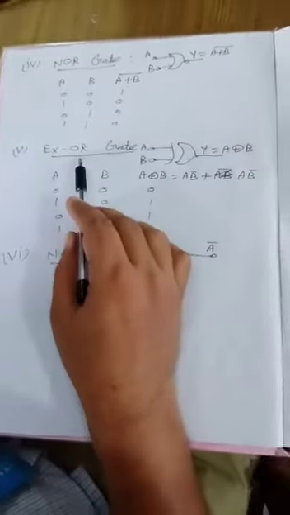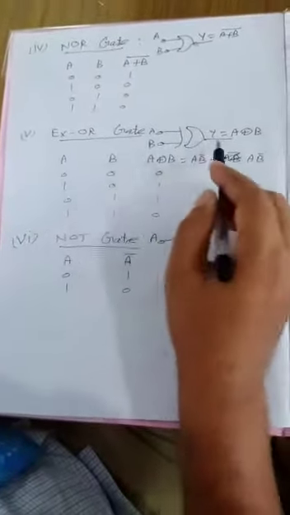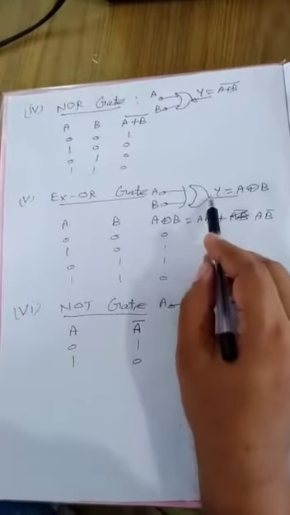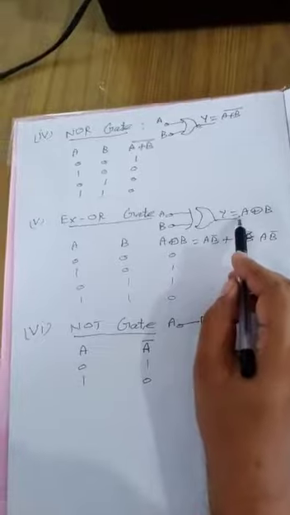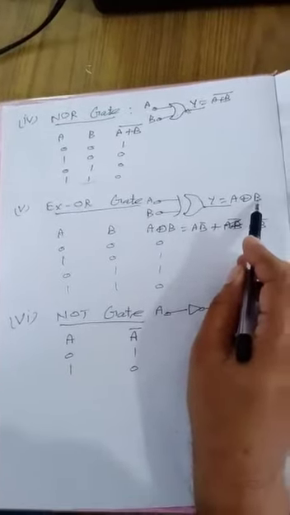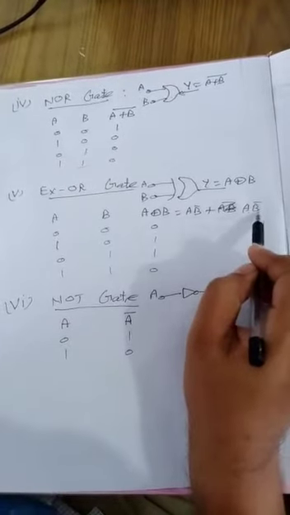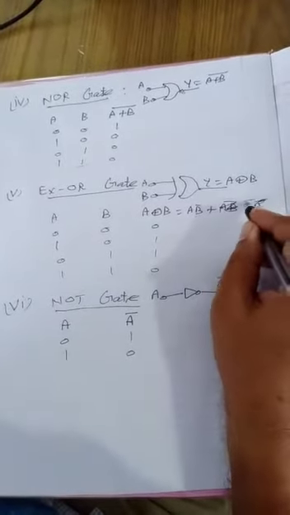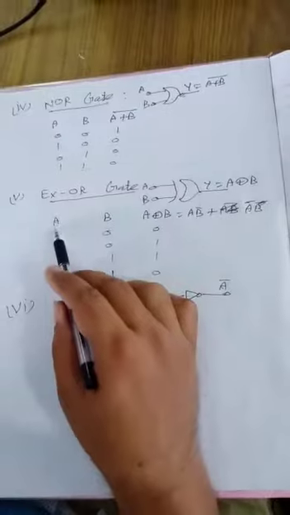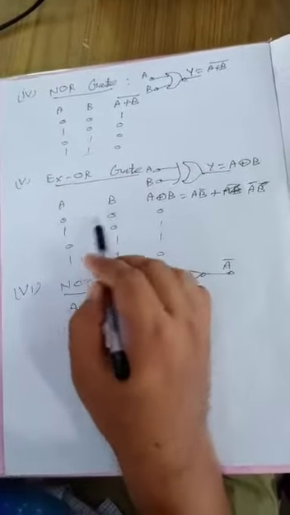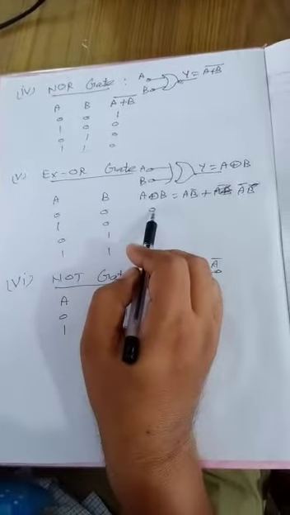Next important gate is exclusive OR logic gate, this is the circuit symbol of exclusive OR logic gate, and its output is written as A plus circle B, which is equal to A B bar plus A bar B. Its truth table is: when A is 0, B is 0, output is 0.